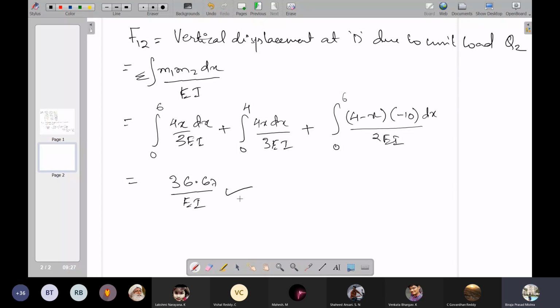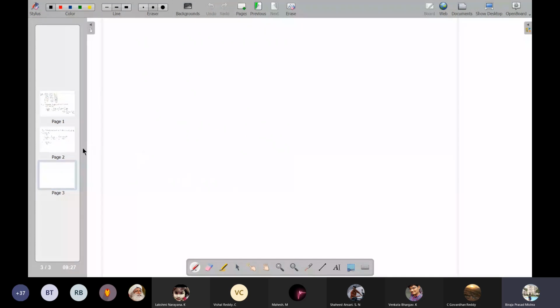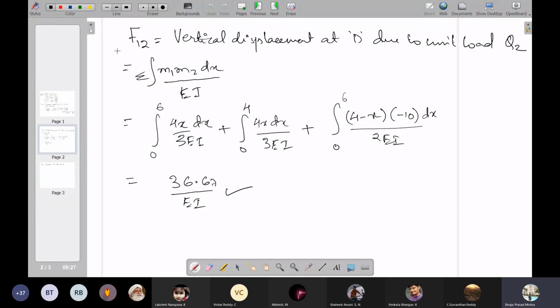Okay, so similarly, I'm going to the next page. So F13 equals, what will be F13? Now F13 will be rotation. Why rotation? Because Q3 is a moment. Rotation at D due to Q1. Okay, so first see what we did.